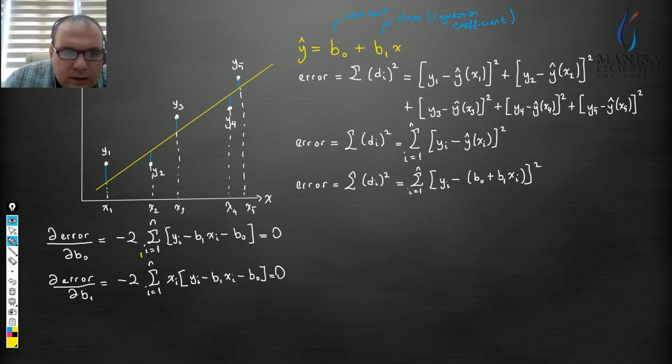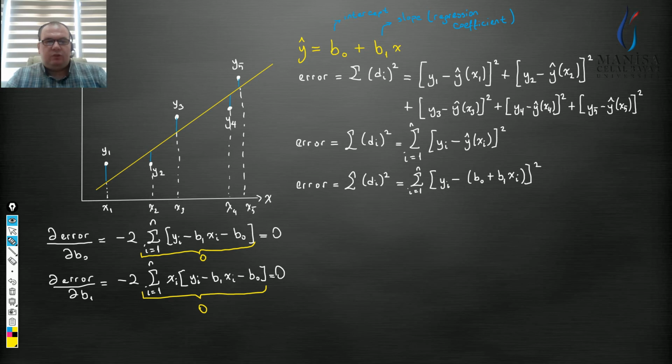So this part has to be equal to 0, and also this part has to be equal to 0. So we have these two equations actually, and we can write them like this.